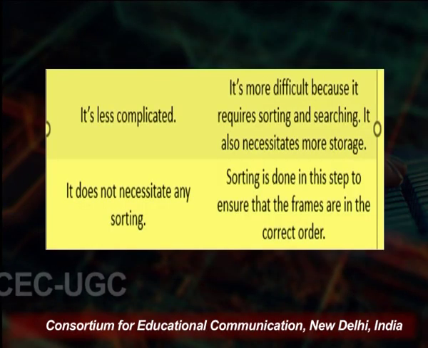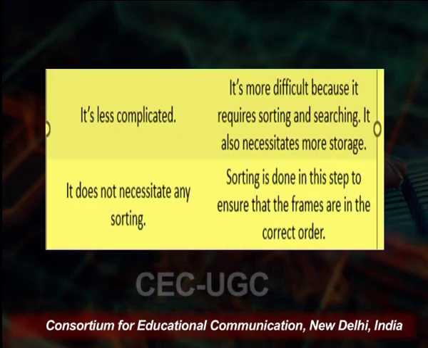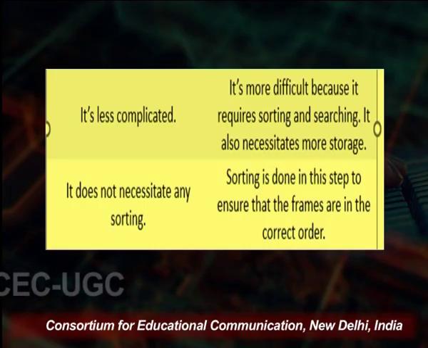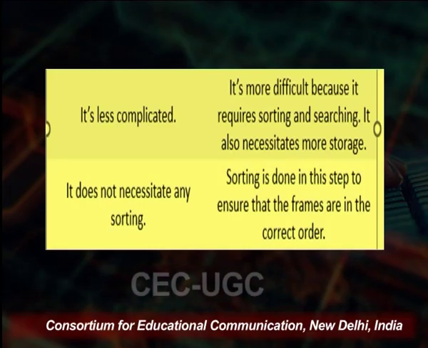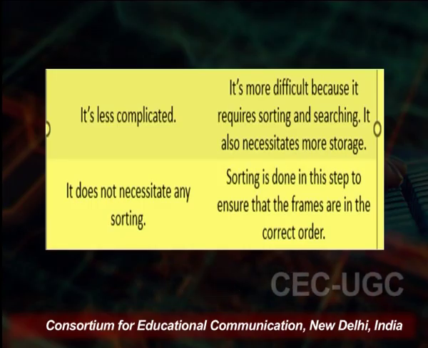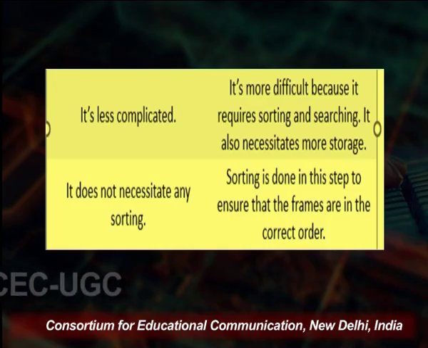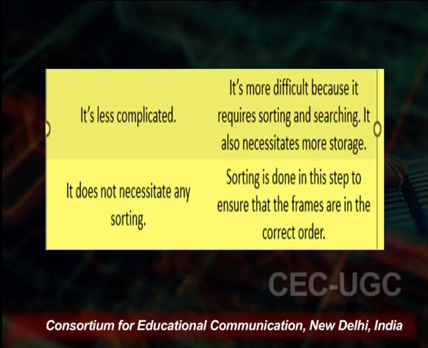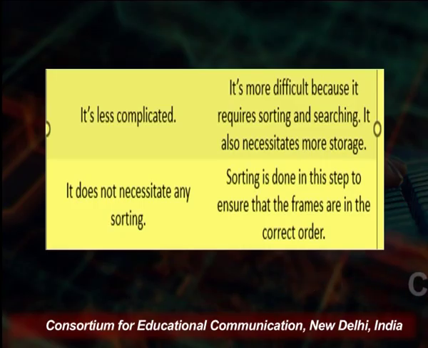Go Back N is less complicated, while maintaining a record of whichever frames have been received and whichever have not been received requires sorting and searching. So, selective repeat is more difficult, and it also requires more storage, because a buffering facility is also given at the receiver's end.